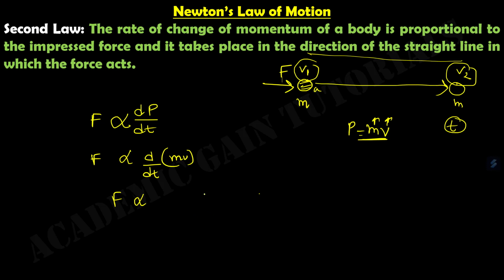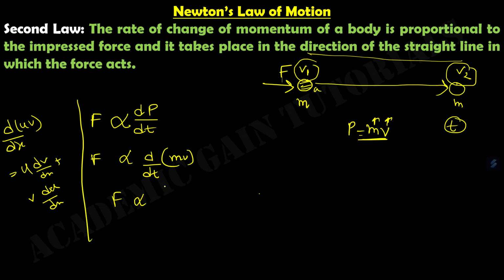Oh sorry, give me some time, I made a mistake. As it is a differential with respect to t, we will use the product rule for differentiating uv. It means we take u and differentiate v, plus we take v and differentiate u. By the help of this, we will apply the uv formula here.